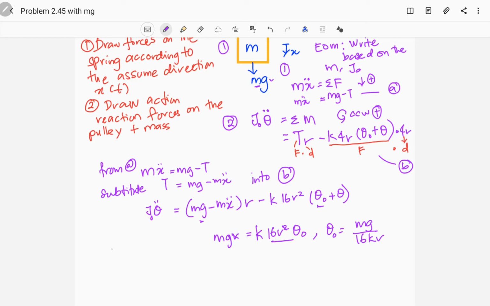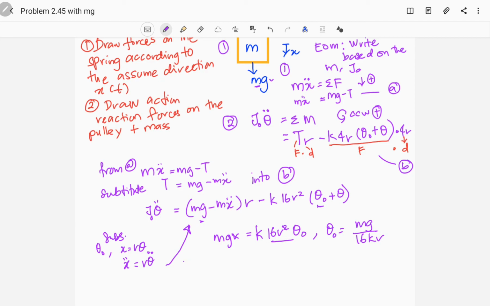Okay, we have the term theta naught. We also have the relationship of your x equals to r theta, and then you also need to substitute your x there. So your x double dot is equals to your r theta double dot. So you have to substitute everything here.